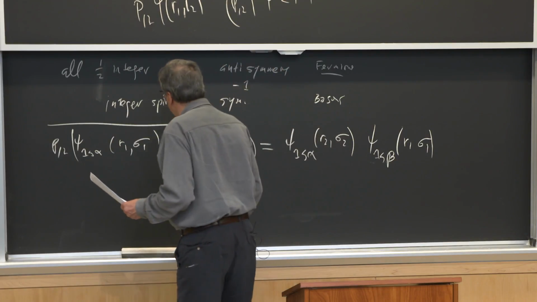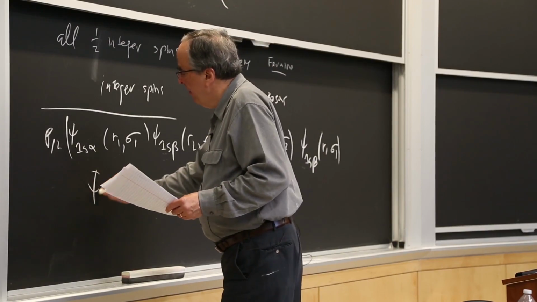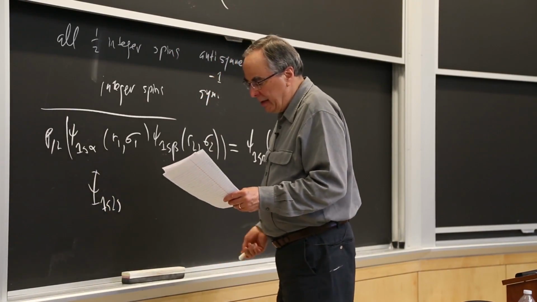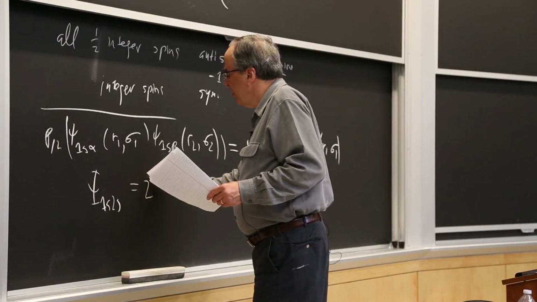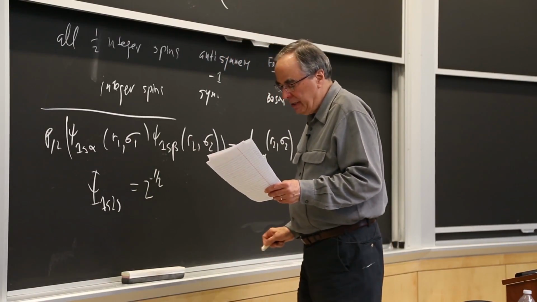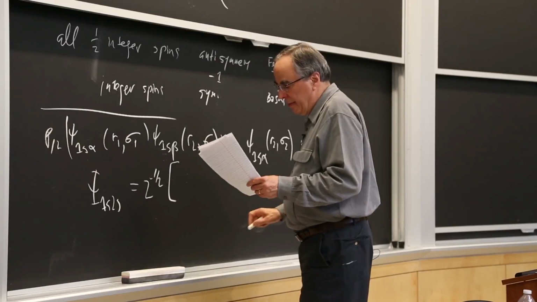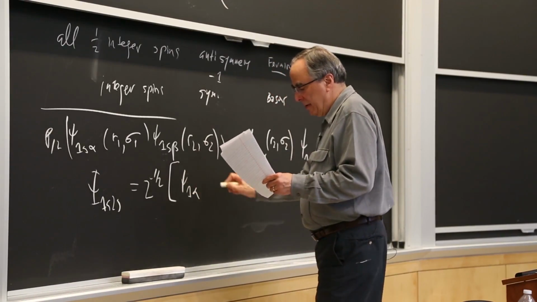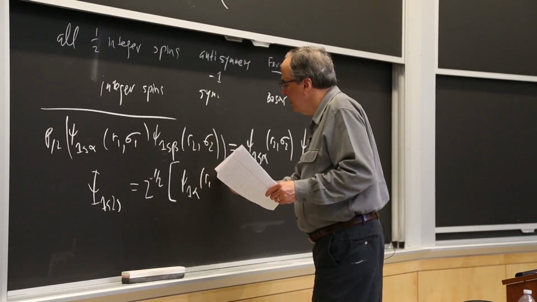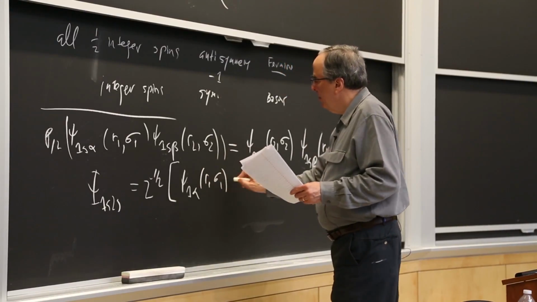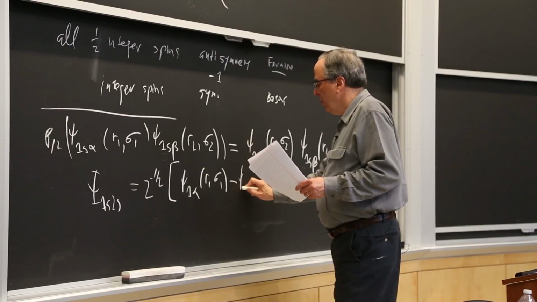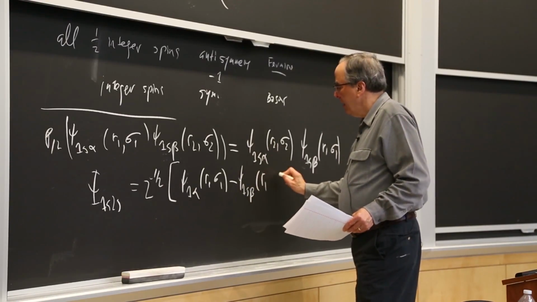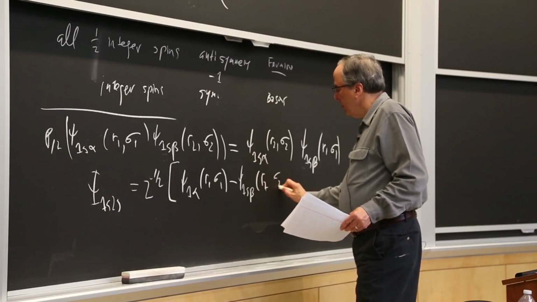And if we do that, what we get is 1 over the square root of 2 for normalization, and we have psi 1s alpha R1 sigma 1 minus psi 1s beta R1 R2 sigma 2.